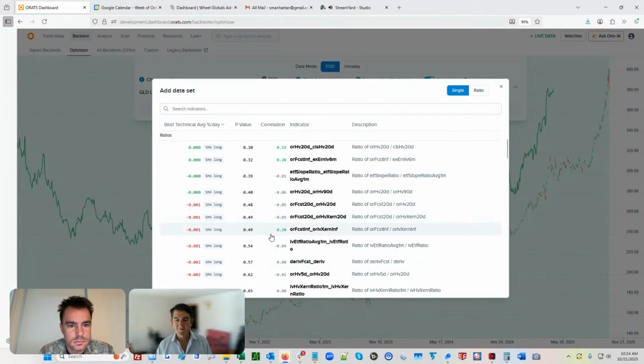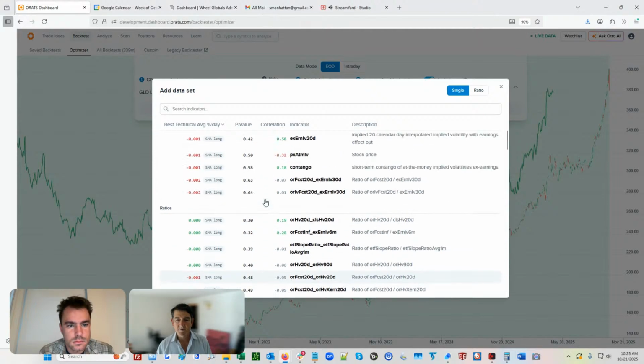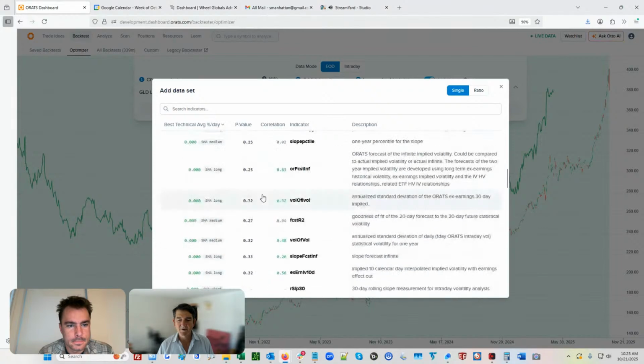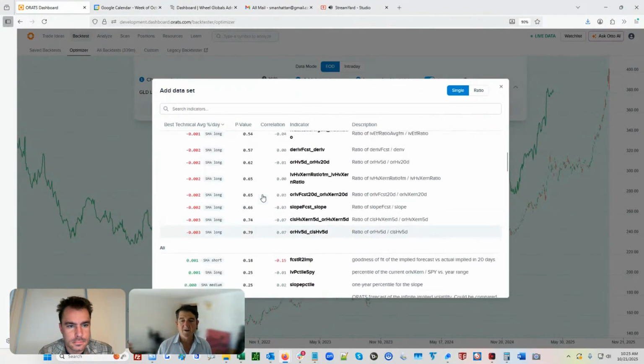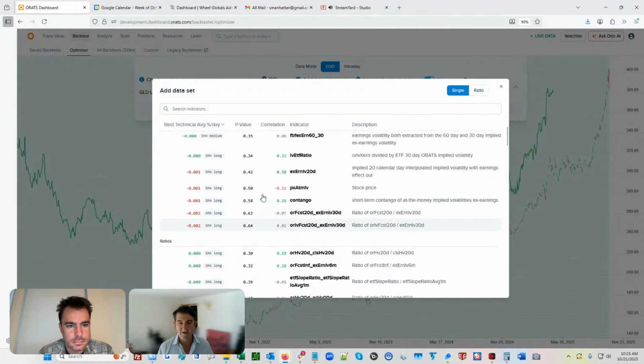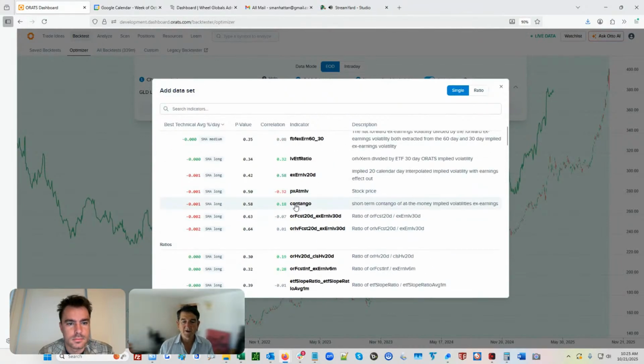Just trying to think. You could search for it. Here's an IV 6 month. No, that's over. That's his forecast. So I don't think we really have a ratio that looks like it other than contango. So we might just say contango here.